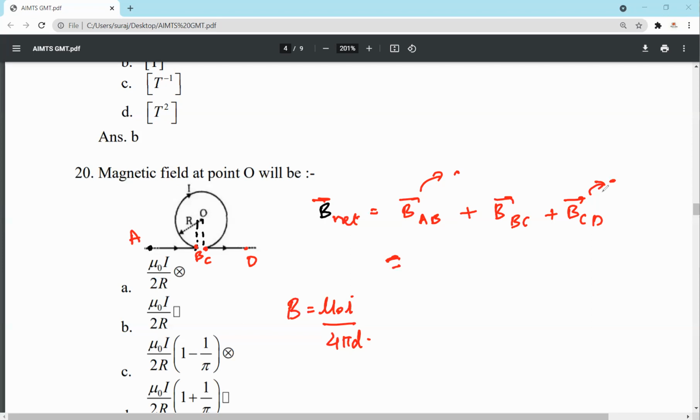We can add them up, and we should subtract the magnetic field due to this semicircular arc, which will have cross. Add the magnetic field due to AB and CD, then subtract the magnetic field due to BC. Check the directions also. Next, question number 21.